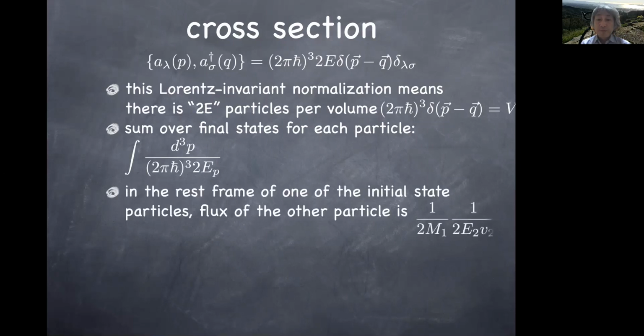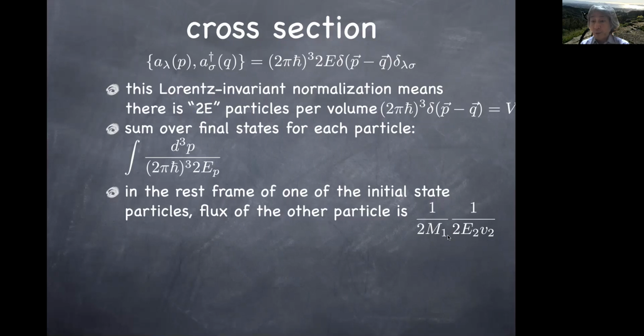And then we also need to figure out the flux of the incoming particle because you divide the probability by the flux to get the cross-section. If you're thinking about the scattering process where one of the initial state particles is at rest, then the density of the particle per volume is 2e, where e at rest is mc squared.